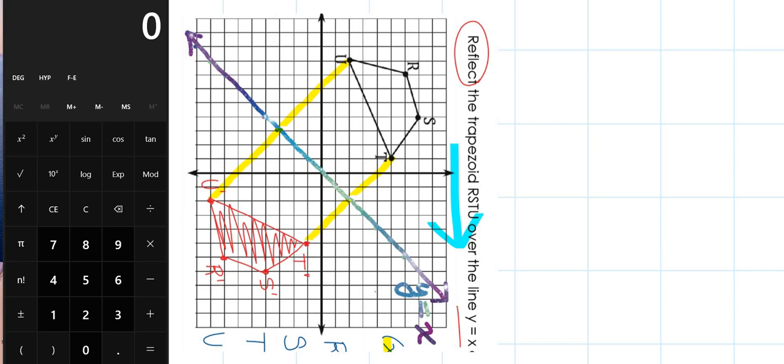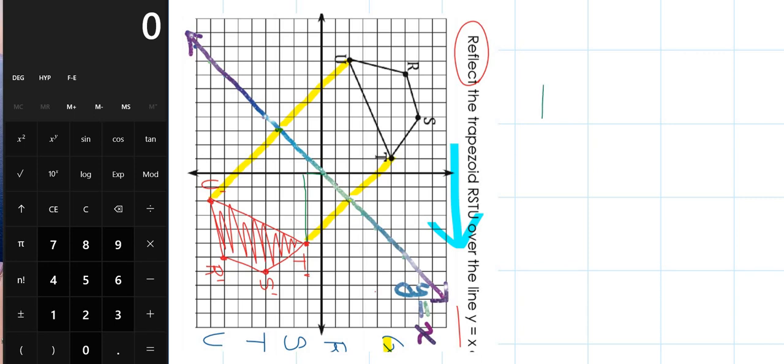Okay, so T is in the 3rd quadrant, starting at 0, 0. Now I'm counting to the left 1 box, and then down 1, 2, 3, 4, 5 boxes down. So that means that my coordinate is at -1, -5.